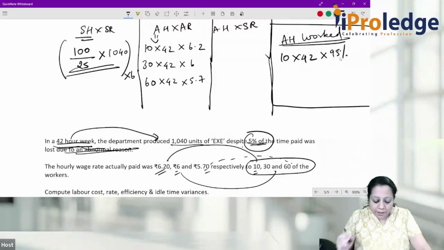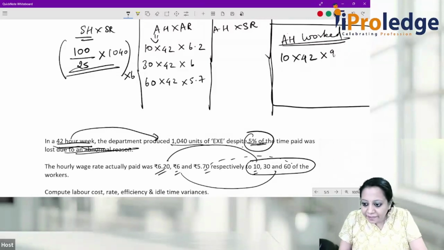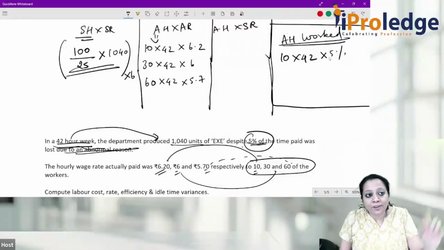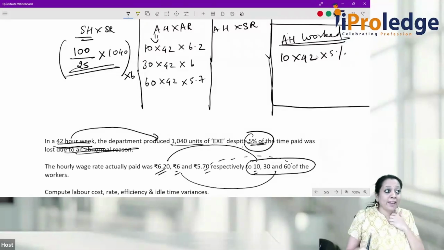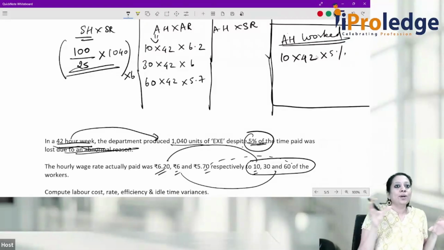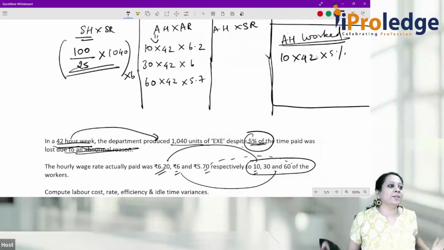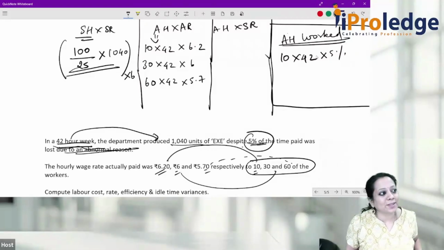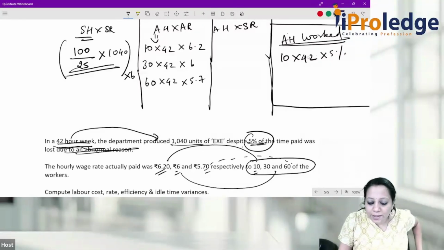So what we will do is, I will write 5% here separately as one column so that I can take those hours for idle time variance. Actually, we can write 95% directly, but I want idle time variance also, so I'm going to write 5% separately. Are you all understanding, students? So it is going to be 10 into 42.